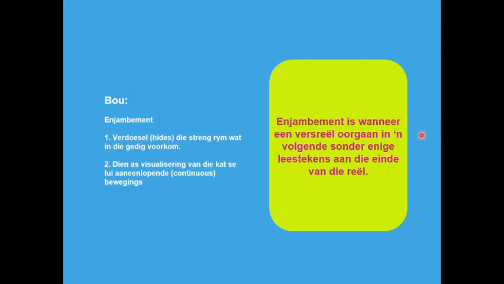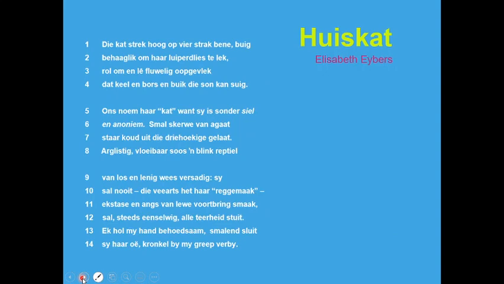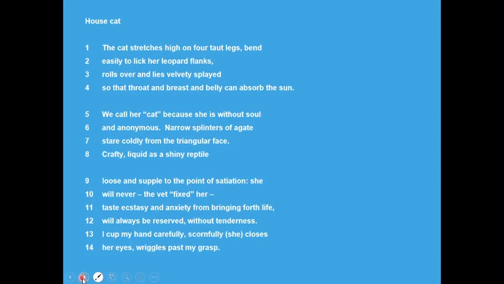Remember what enjambement is. There's an explanation. It's when one line goes over into the next line without any punctuation at the end of that line. Good, this is just the poem. You already have that. This is the English example or English translation of the poem. Remember, guys, that the English translation is not necessarily perfect.